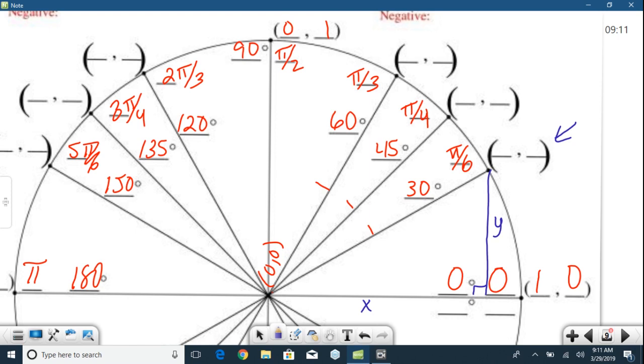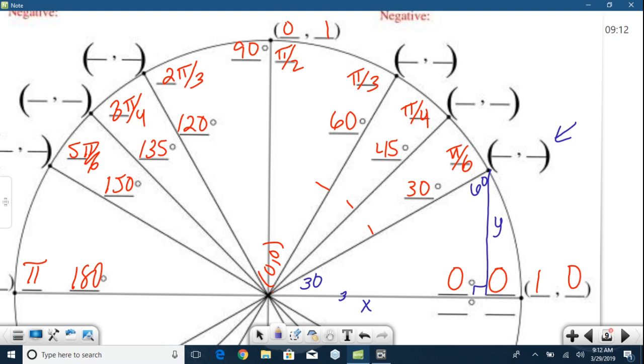So if this right here is 30 degrees, that means this angle is 30, because from here to here is 30 degrees. And this has to be 60 degrees. Correct? What's the hypotenuse of that triangle? It's 1. The hypotenuse is the radius of the circle.